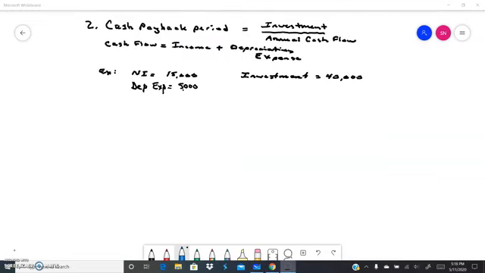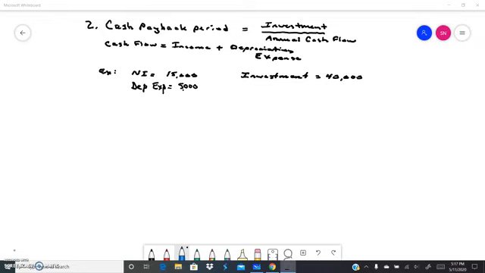So the second method that we're going to look at also does not involve time value of money concepts. It's called the cash payback period method, or cash payback method. And basically what we're going to do is look to see how many years, or over what period of time, it's going to take for us to recoup our investment.